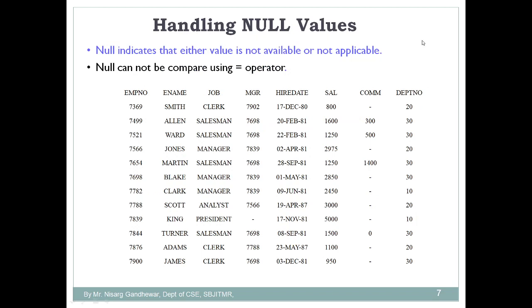Who do not get commission, what is the meaning of that? That means their commission field is null. So one thing is clear from the problem statement: I want the details of those employees whose commission is null.